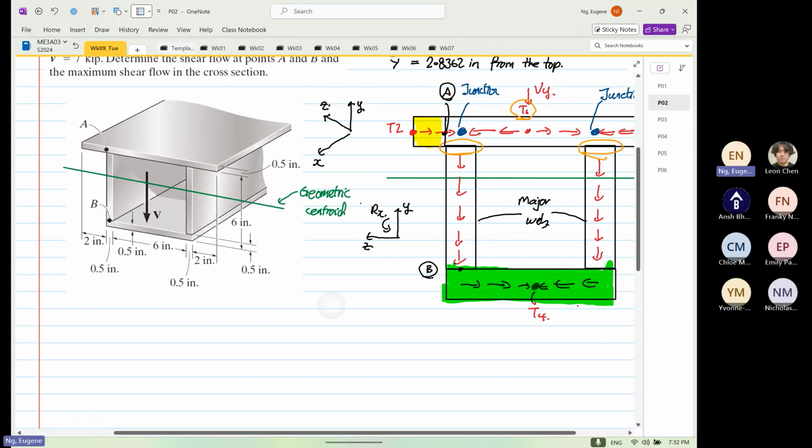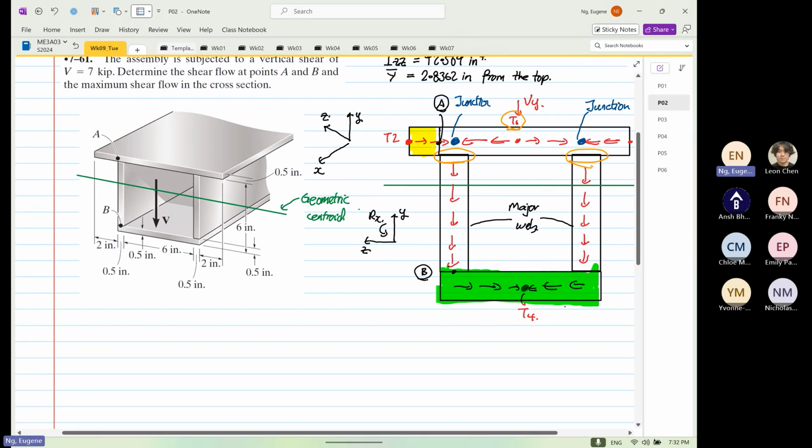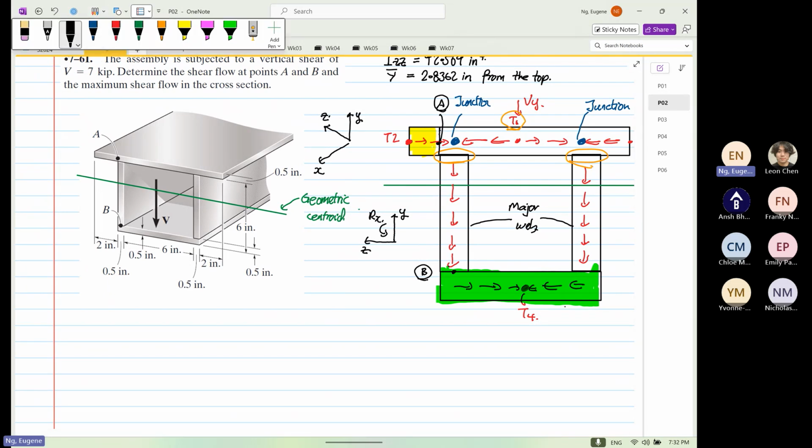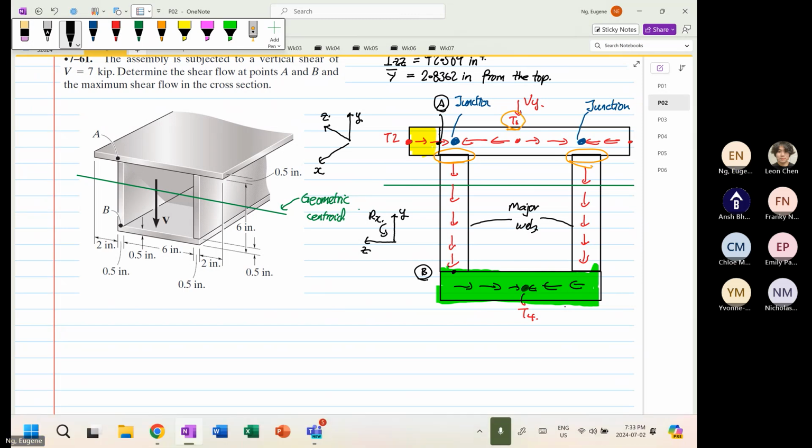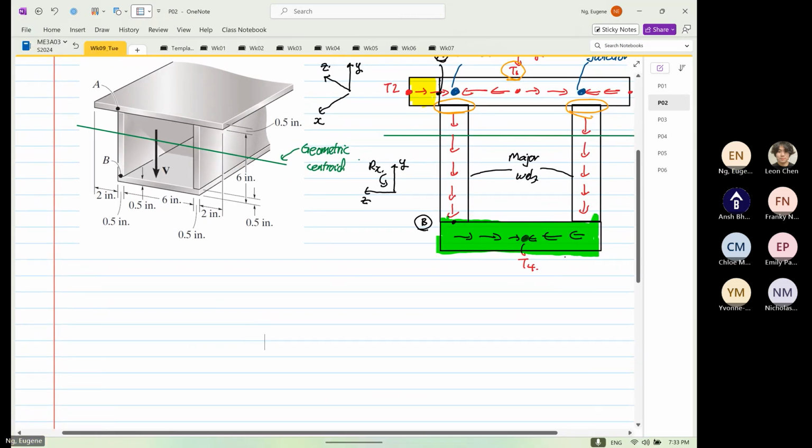So from here, now you know, or we know what to consider in the first moment of area. So we are going to consider the box beam, sorry, point A. So let's consider point A. So we know point A, we are going to do white flange.